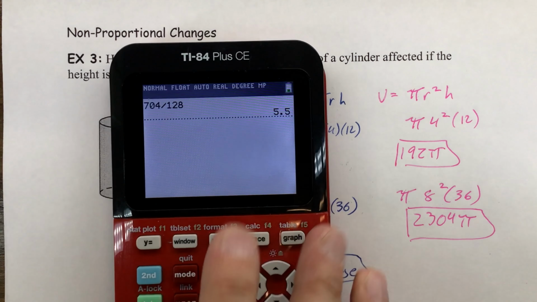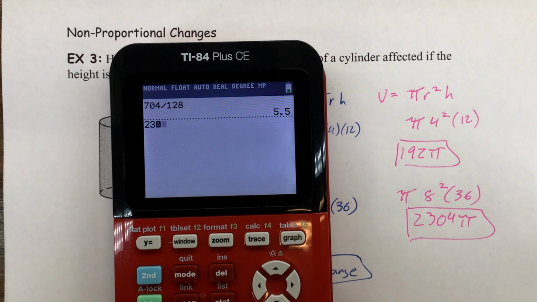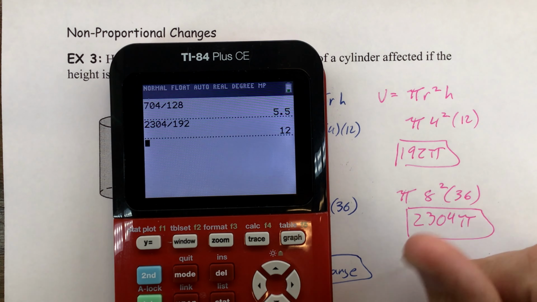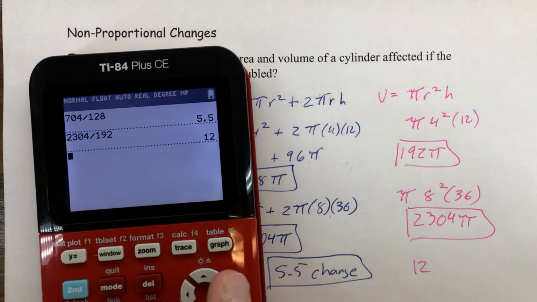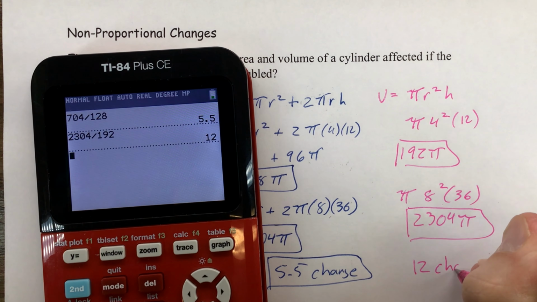Okay, and then for the volume, we're going to take 2,304, divide that by 192, and get 12. So we're going to get a change as a factor of 12.